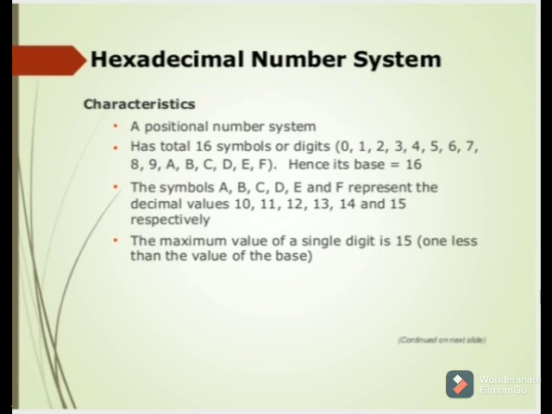The hexadecimal number system is also a positional numbering system. The value of a hexadecimal digit is expressed as power of 16. So whenever we see a combination of letters and numbers together, we can easily make out that this number is a hexadecimal number and it is represented in a hexadecimal number format.